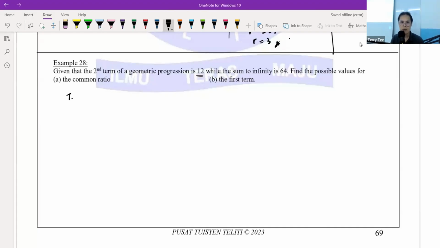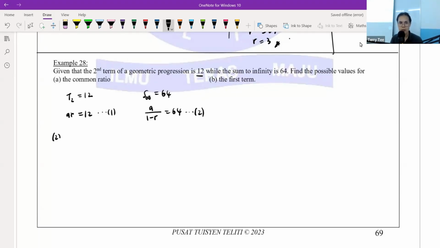So the second term of a geometric progression is 12. So T2 is 12. Sum to infinity is 64. So we use the formula ar equals 12, right? First equation. Sum to infinity is a divided by 1 minus r, and this is 64. This is equation number 2. Then let's take equation 1 divided by 2 or 2 divided by 1.